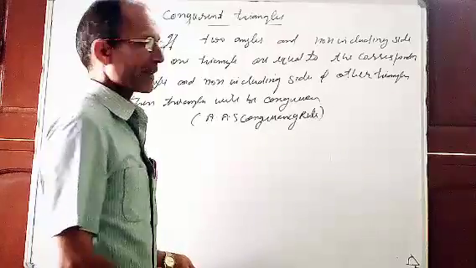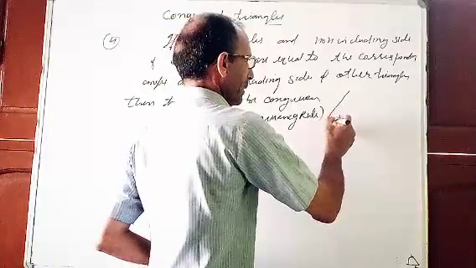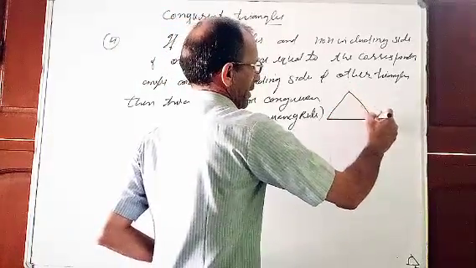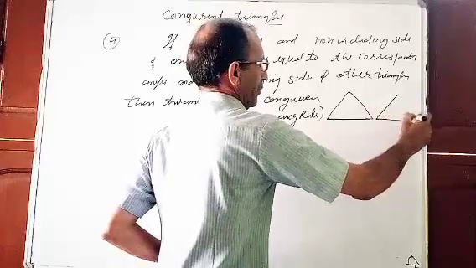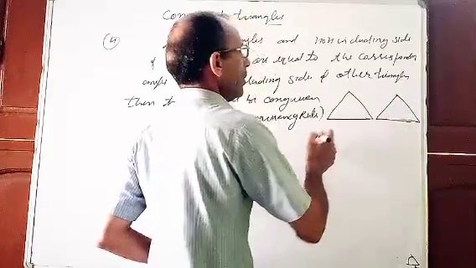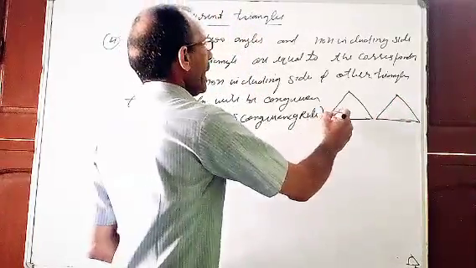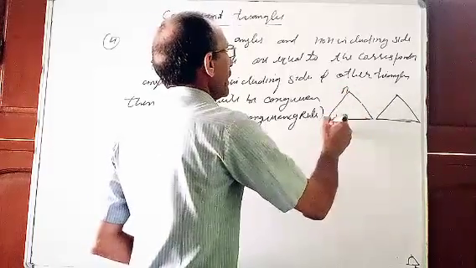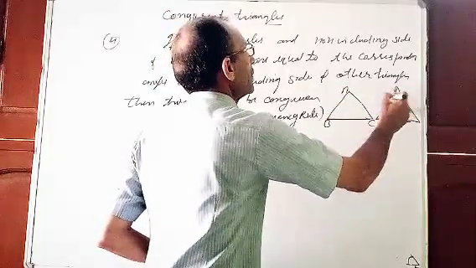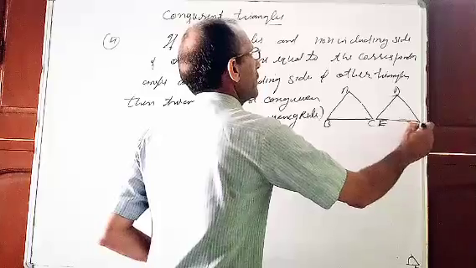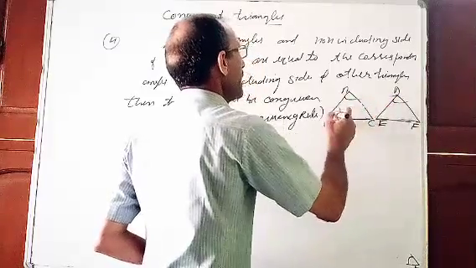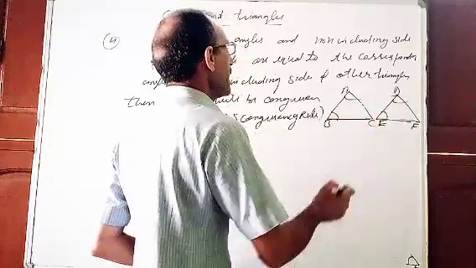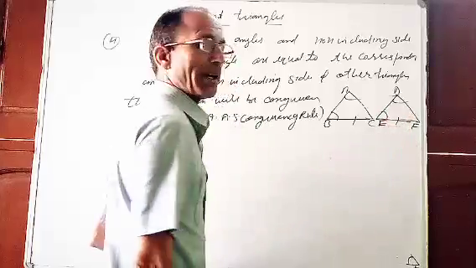For example, these are two triangles. Angle A is equal to angle D, angle B is equal to angle E, and BC is equal to EF.